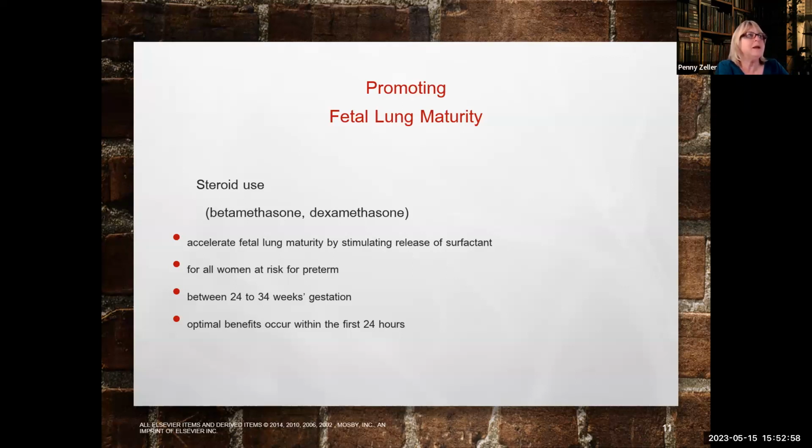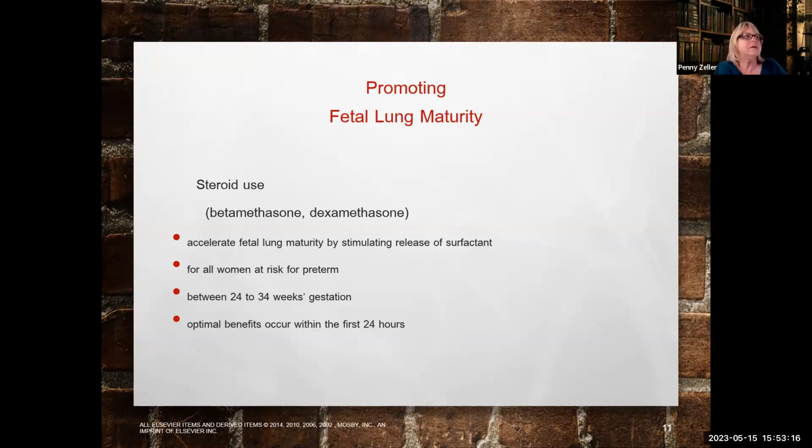Now why are we giving her betamethasone? What will the steroid do for the fetus? Help develop the baby's lungs. Yeah. So we are promoting surfactant production by the fetal lungs.